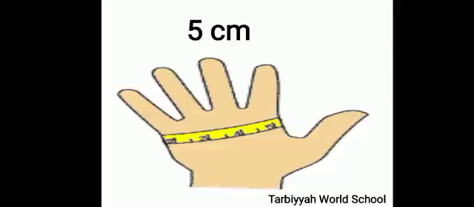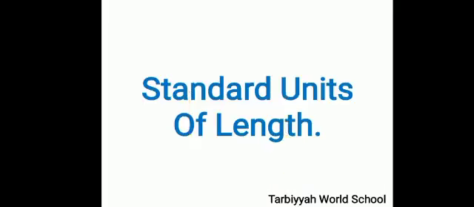Okay, so this is because the size of handspan is different from each other. So hence we cannot use the body parts of a person to find the accurate measurement of an object. Okay, so we need standard units of length.